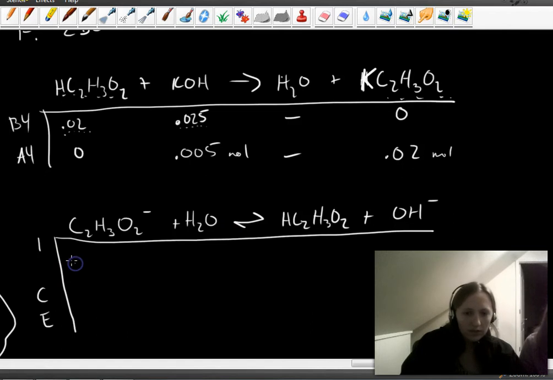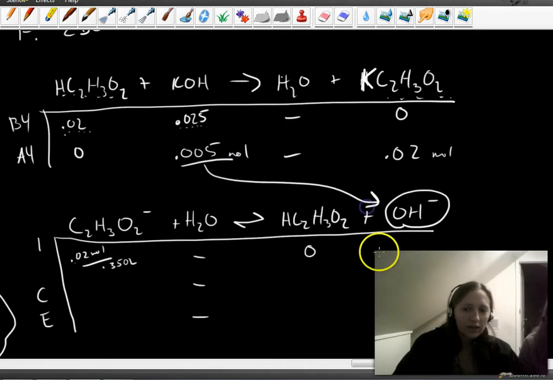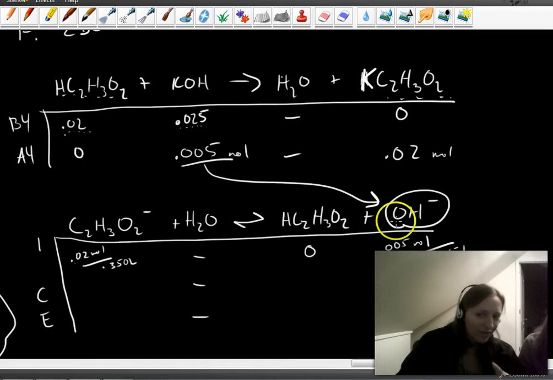We've got 0.02 moles over 0.350 liters. We don't care about water. We do have this, 0.005 moles over 0.35 liters. It's important to notice that we do have that.